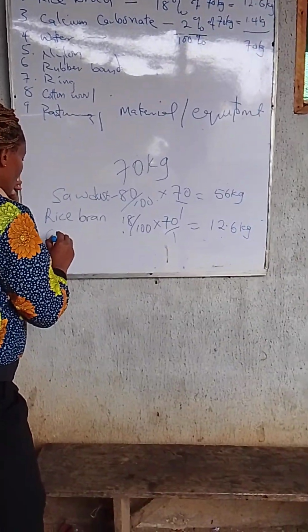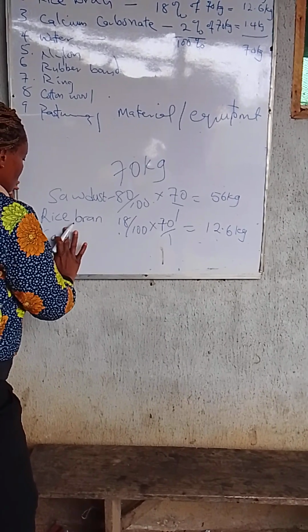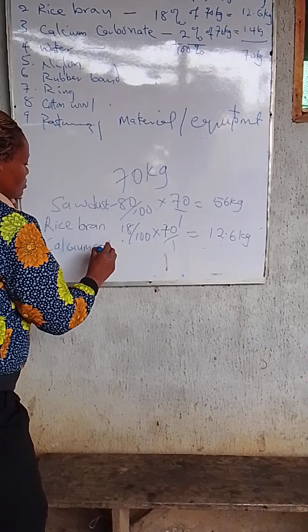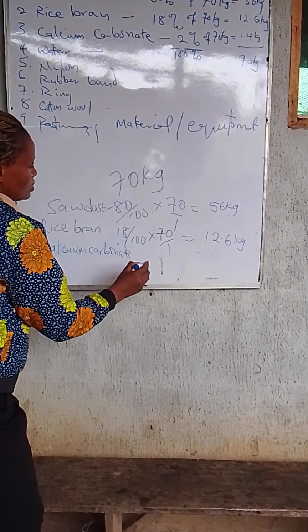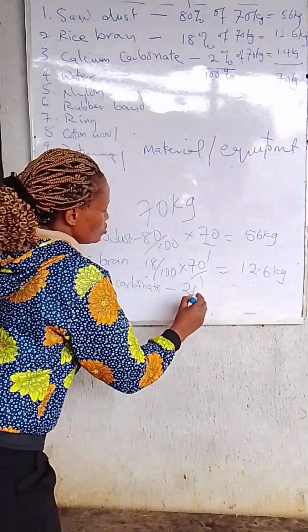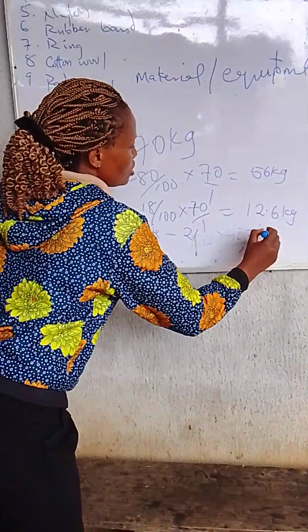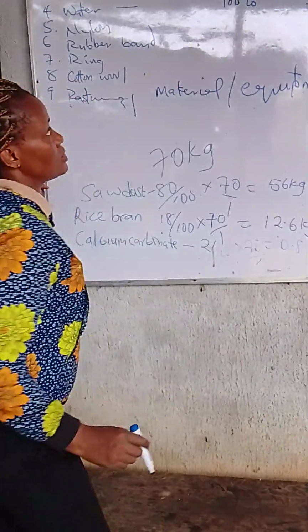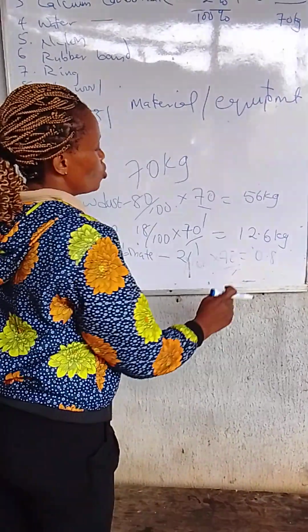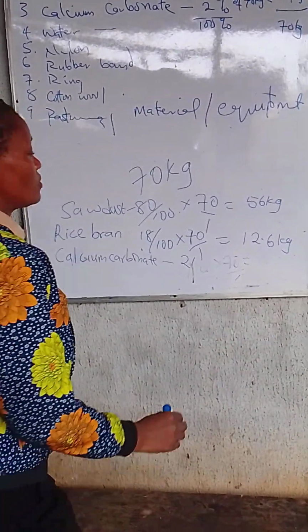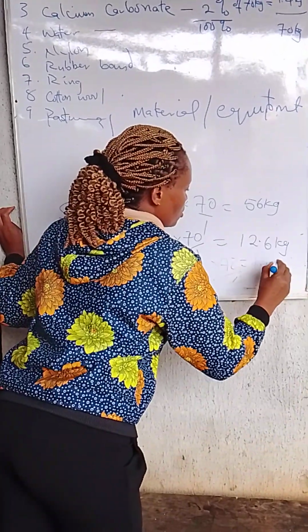Then you go to calcium carbonate. You find the 2%, 2 over 100 times 70 over 1. It will give you 0.8, right? Am I right? No. 2% of 70 kg, calculate it, will give us 1.4 kg.